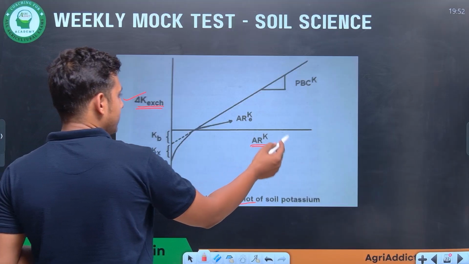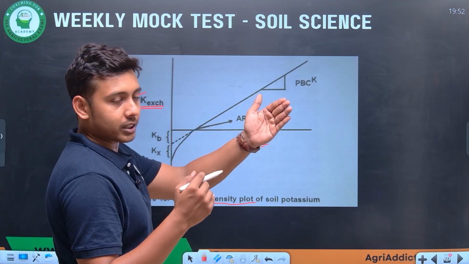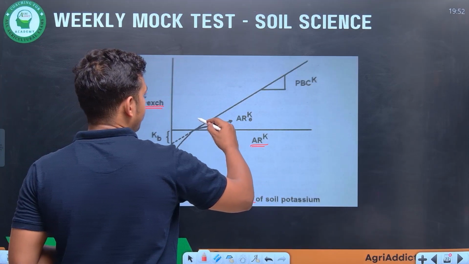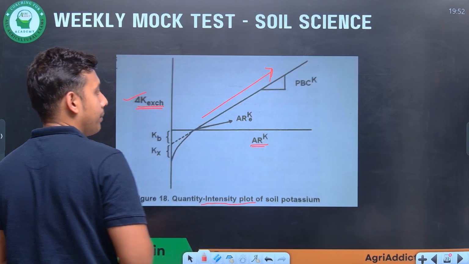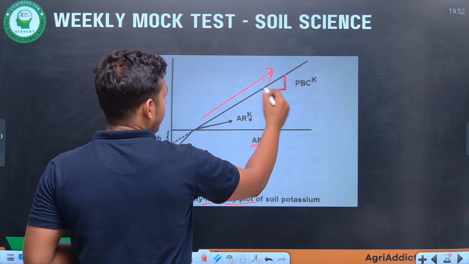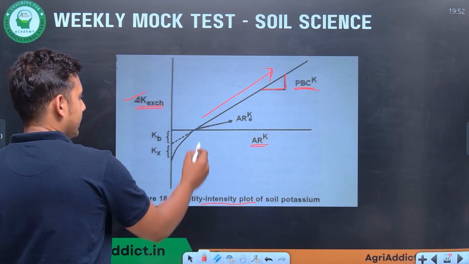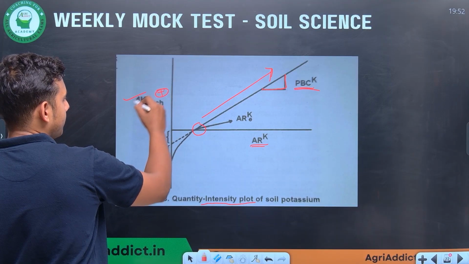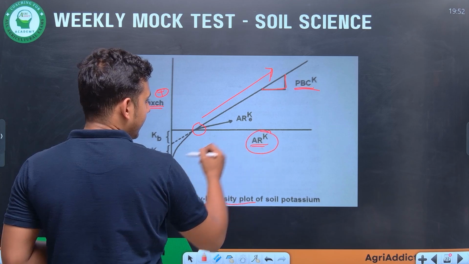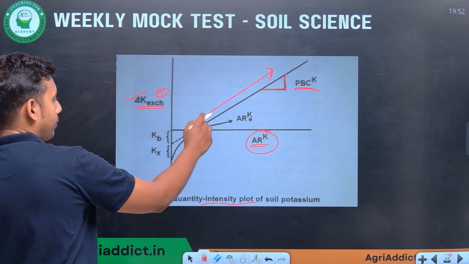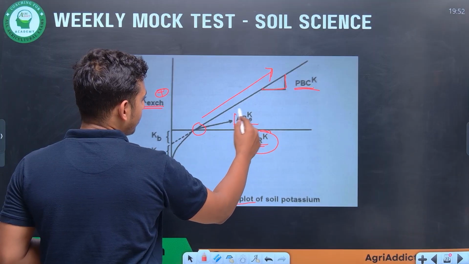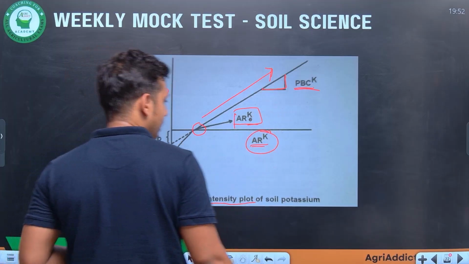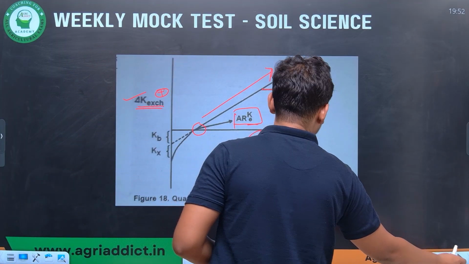The activity ratio is calculated as the activity of potassium over the root of the activity of calcium and magnesium, and this plot is made. Here the slope is the potassium buffering capacity, and the ARK value at which delta K exchange becomes positive is known as the ARK equivalent, or activity ratio of potassium equivalent, that is ARKe. Okay, these are some extra information regarding this.